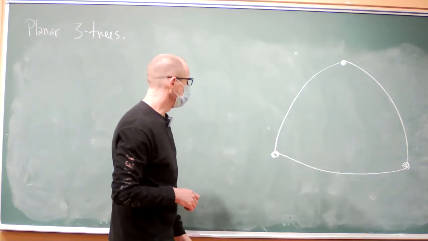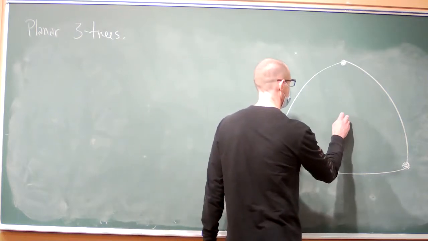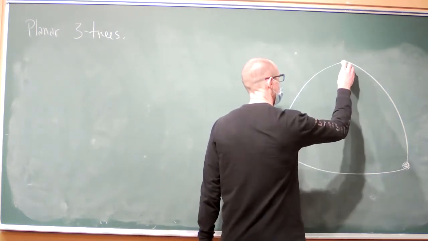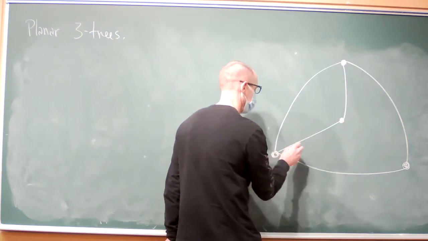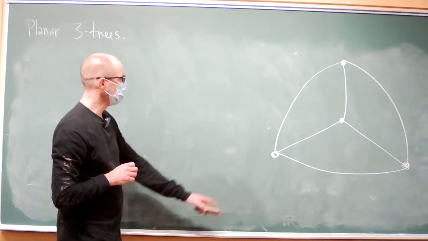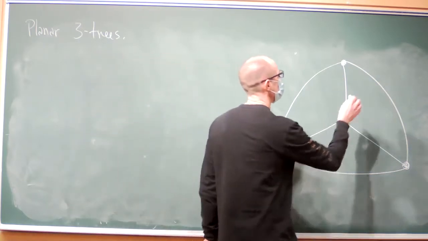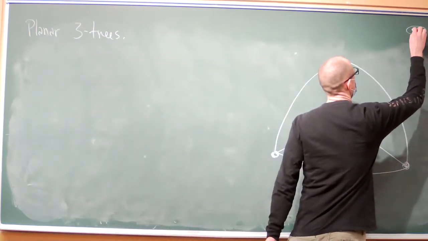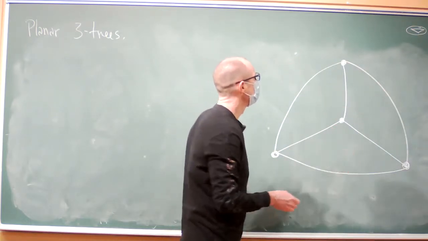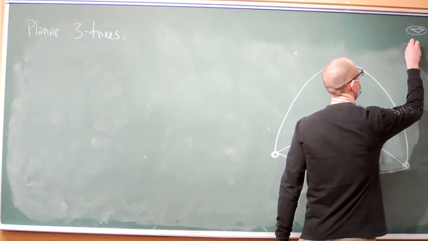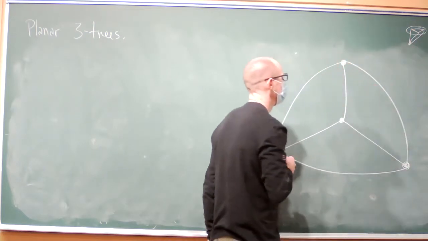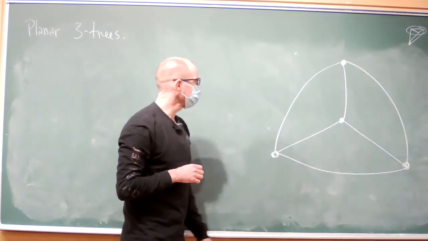And what you do is you place a vertex inside, and you connect that vertex to each of the 3 existing vertices. So you can sort of imagine that as there was the first triangle, the outer one, and then I took another one and attached it to the outer one, like this.